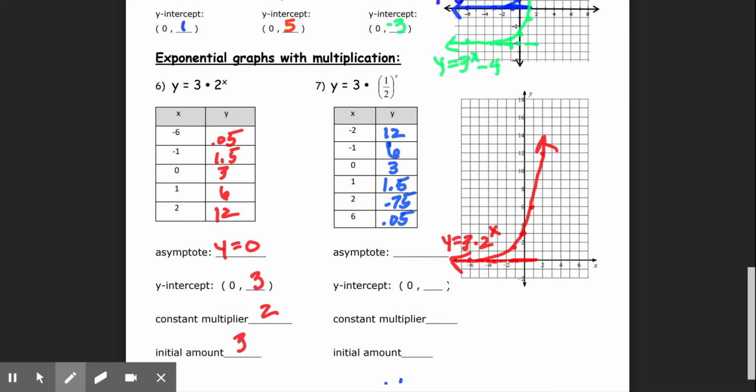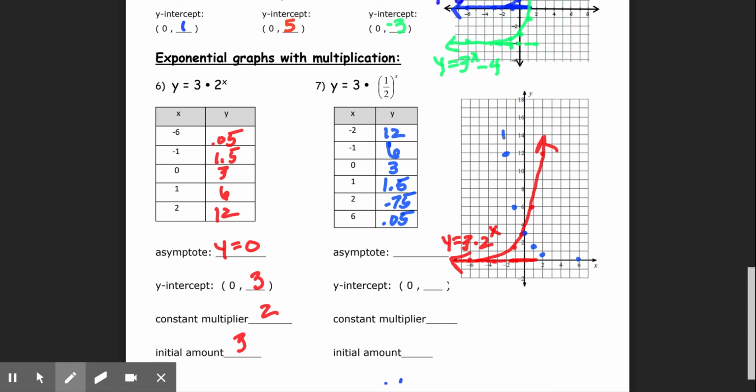So when we graph this, negative 2 and up 12, that's just going to come down. Negative 1 and 6, 0 and 3, 1 and 1.5, 2 and 0.75, 6 and 0.05.